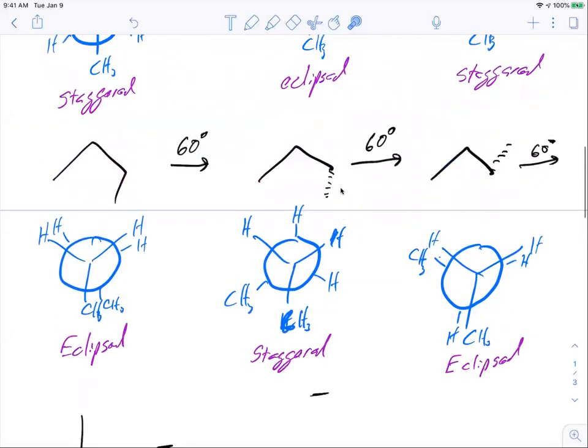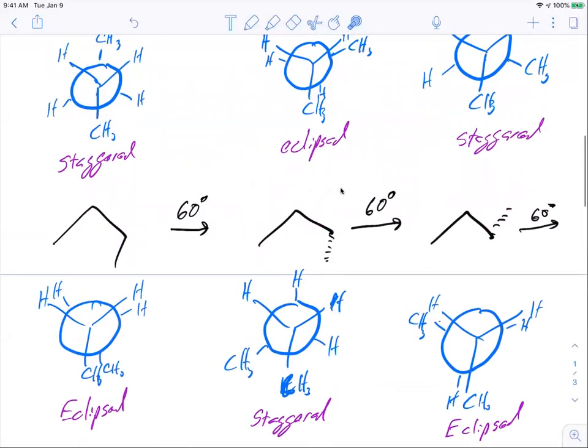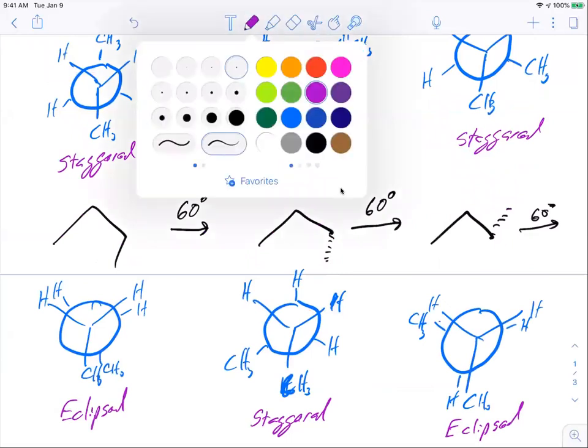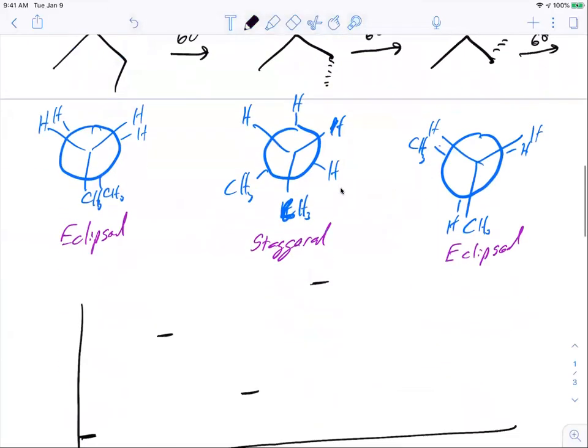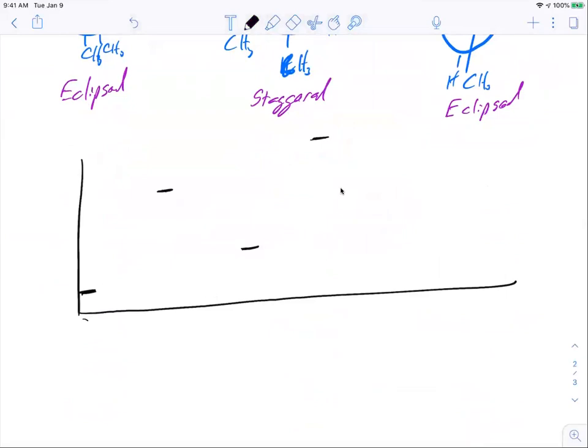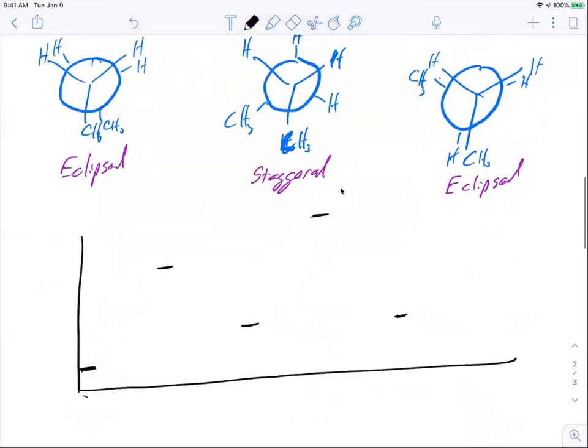So it's a different chiral representation. You can think about these two as actually being mirrors of each other. So they're going to have the same energy, but they're not the same. So then go back down here, and then we end up with the eclipse with a hydrogen overlapping.